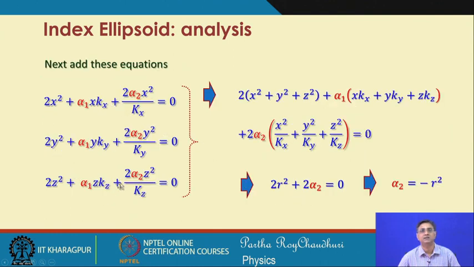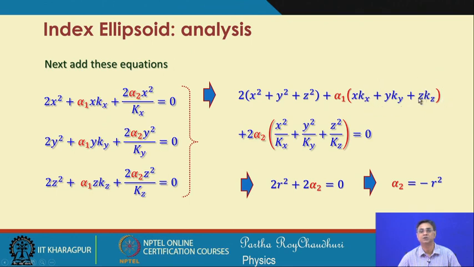So, as a result, when you add these equations, 2 into x square plus y square plus z square, which is equal to r square. So, 2 r square plus alpha 1 into x k x, y k y, z k z put inside one bracket, but this is equal to 0.